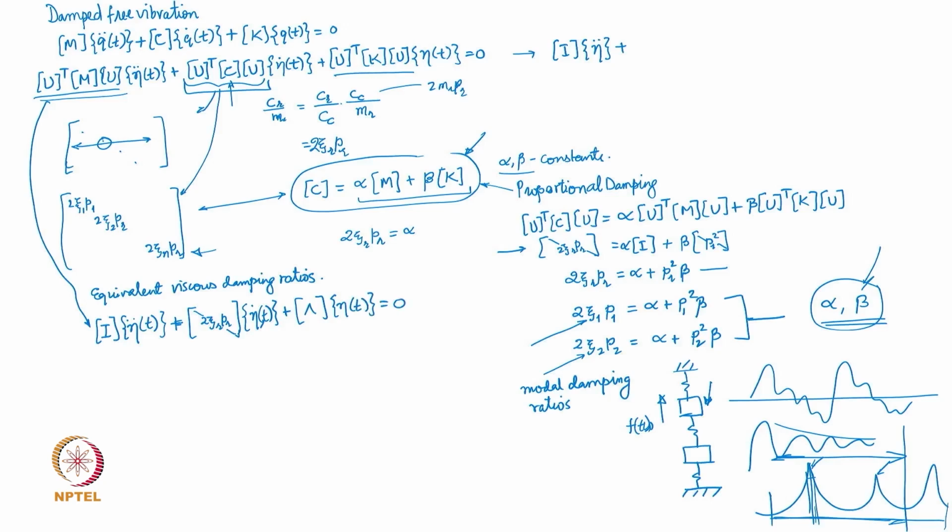Because I am interested finally in getting q of t, this is my final objective. With damping included, how do I get q of t? If you recall, in the undamped case, we first figured out how to get the response in the principal coordinate eta, because these equations are decoupled in the principal coordinate. We solve it for the principal coordinate and then go back to the physical coordinate.